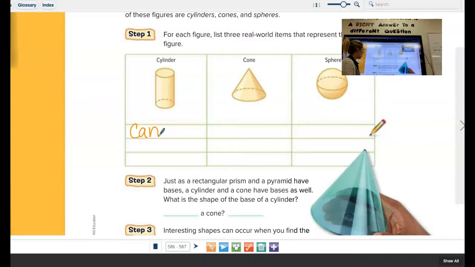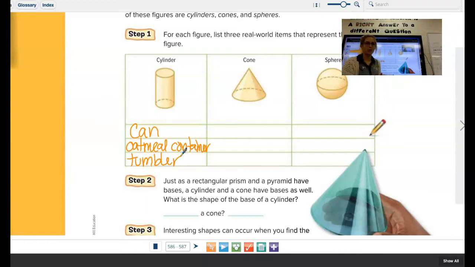Another example of a cylinder, if you ever buy oatmeal that is just the oats, that container would be a cylinder. And then another example would be your tumblers. Mine's not exactly a cylinder because it has a curved bottom, but if you have a tumbler that's just a straight side, that would also be a cylinder.